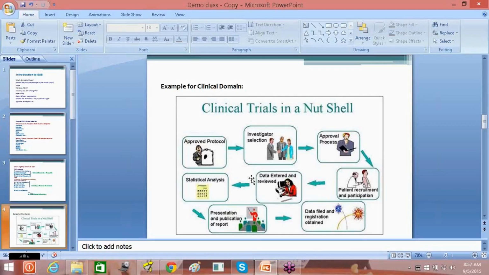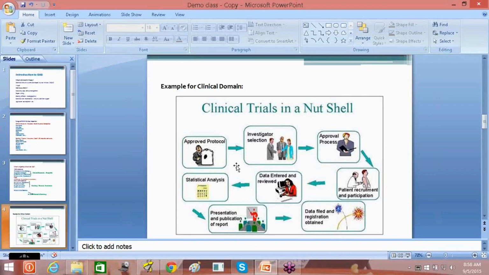Okay. Most of the pharmaceutical companies nowadays want to sell new drugs in the market, or sometimes they want to introduce a new drug molecule into the market.